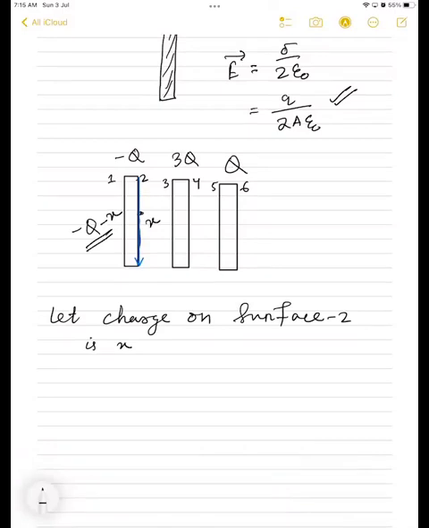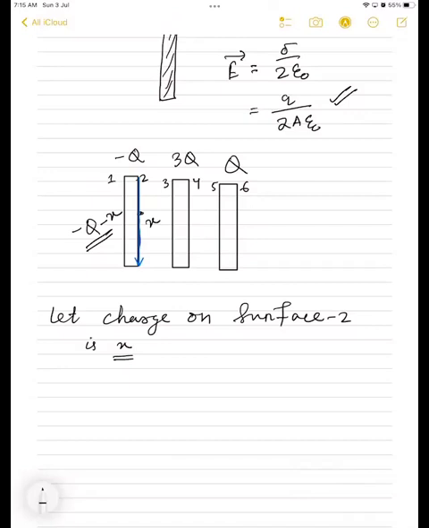Up to this all got? So for conservation of charge, minus Q minus X plus X is minus Q. So charge is conserved.